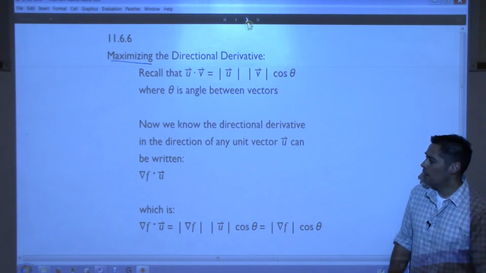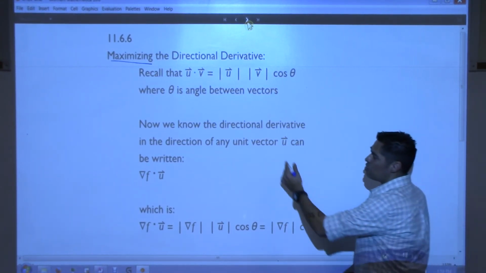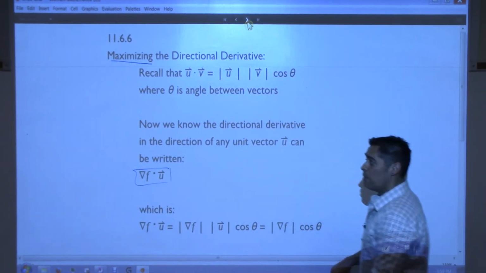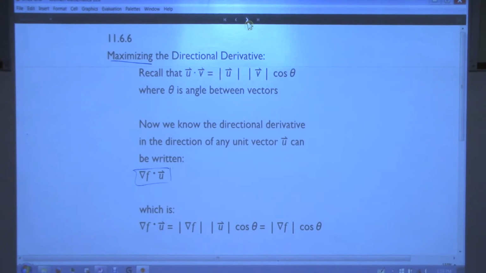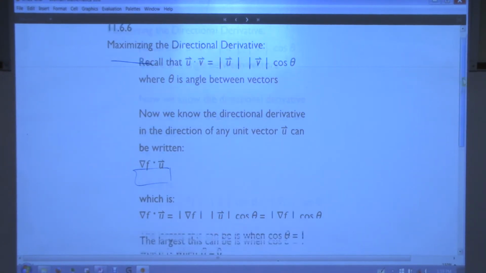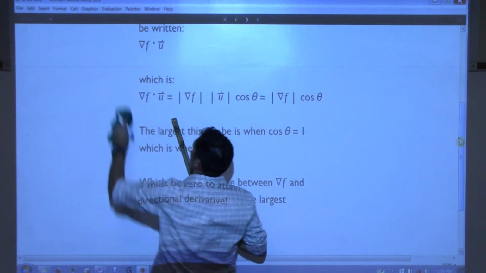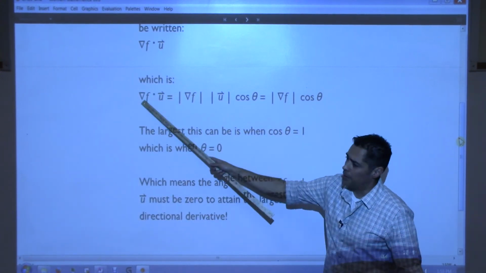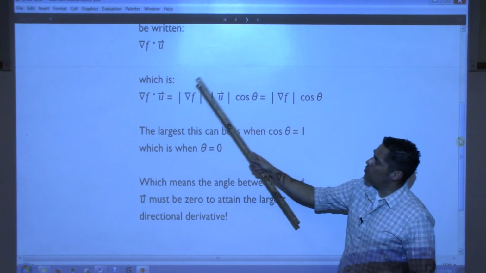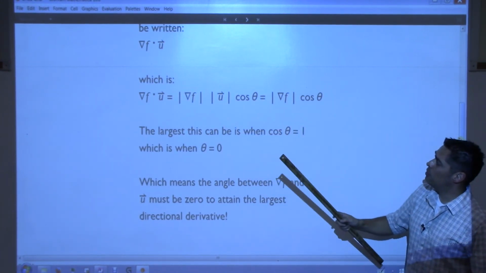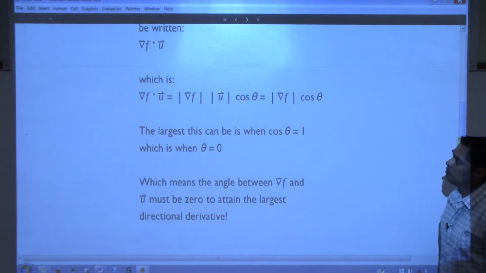And if the directional derivative can be rewritten as a dot product, then it can also be transformed into this formula right here. That's the directional derivative. Using the dot product formula, this is the magnitude of the gradient of f times the magnitude of u times cosine of theta.